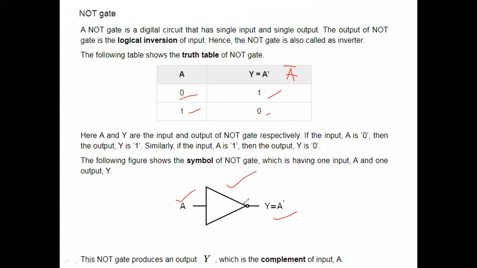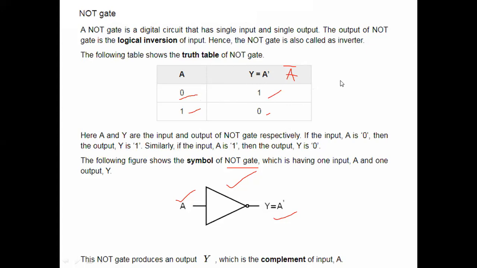Here some bubble will be there. This is important. This is the logical symbol for the NOT gate. Only one input, one output. Just inversion of the input. 0 is the input means the output is 1. 1 is the input means the output is 0. This is the NOT gate.